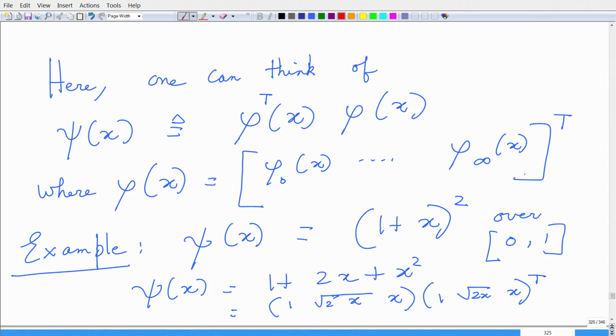Now, taking a vector perspective to this problem, this psi of x, which is a scalar function, can be thought of as an inner product of two functions.